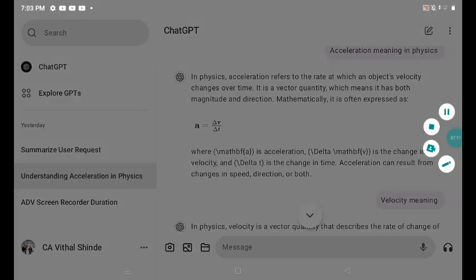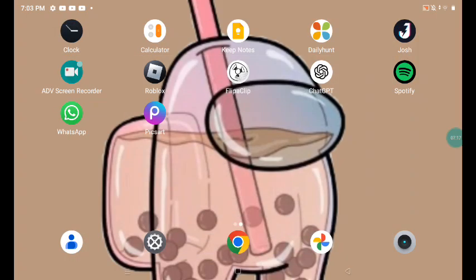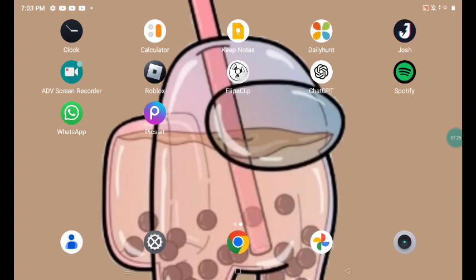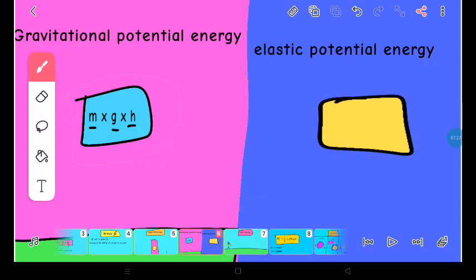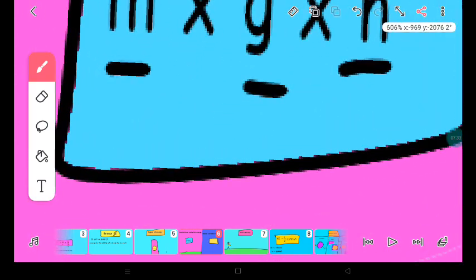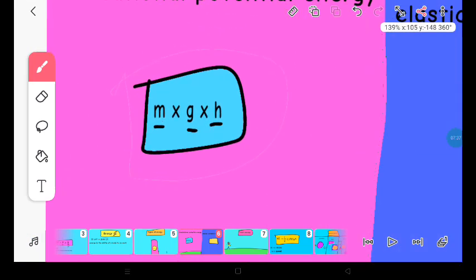ChatGPT is saying that acceleration is the rate of change of an object's velocity, and velocity is the rate of change of an object's position with respect to time. Yeah, you know what? Whatever.